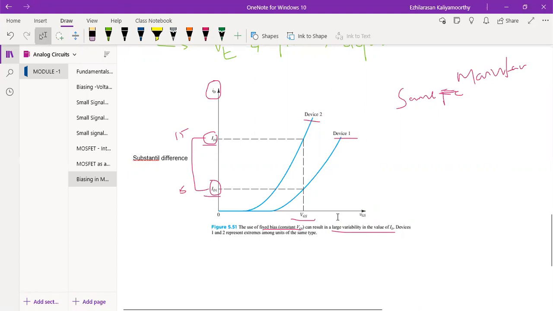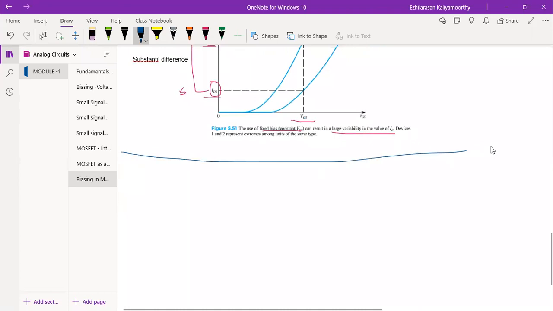To overcome that, we have to go for the second method. What is the second method?